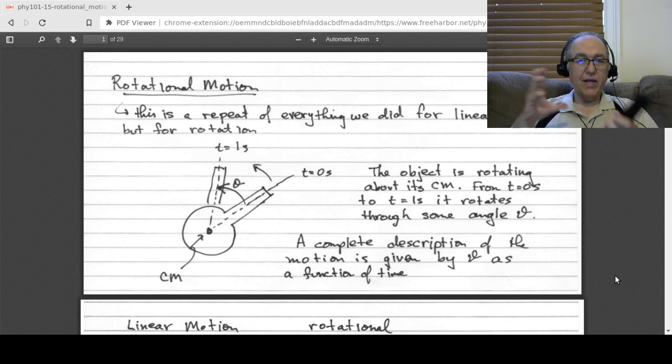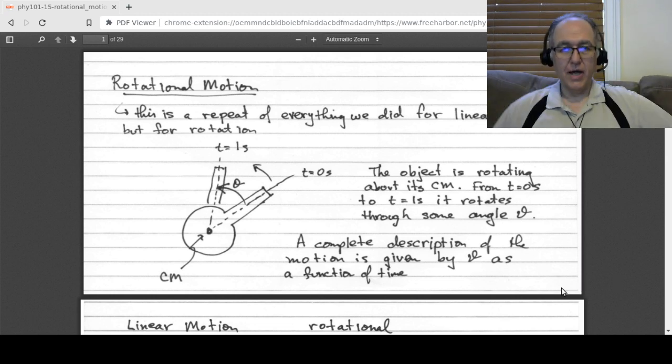So the way to think about this is, we'll talk about the motion in two parts: the motion of the center of mass, and we've studied that, which is everything we've studied up to this point in the course, and then the rotation around that center of mass. That rotation around the center of mass is the topic of our lecture now.